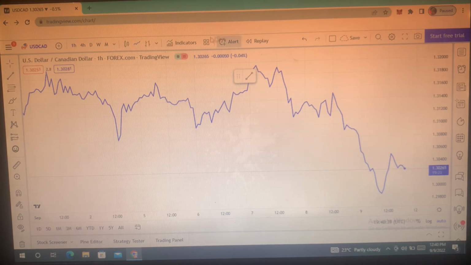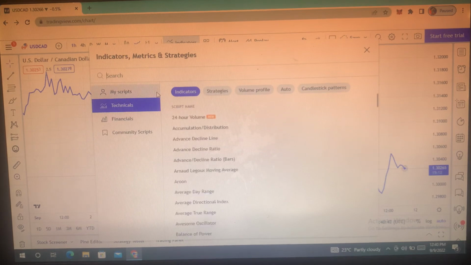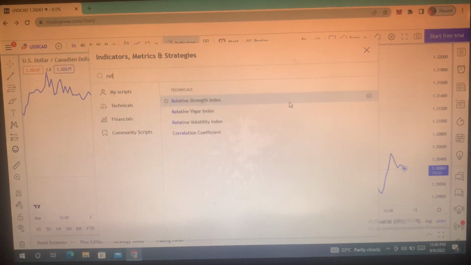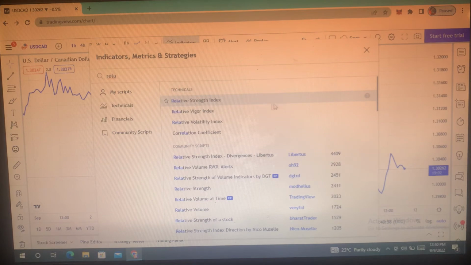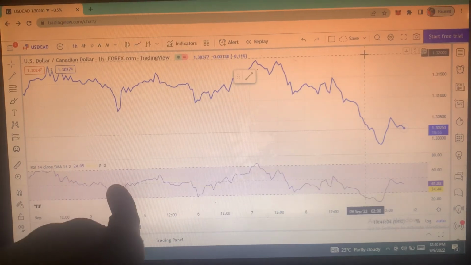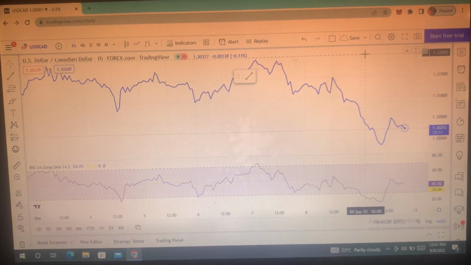Okay, we have different types of indicators too. There's a lot of indicators. I don't want to bore you guys a lot, but if you're going to have any indicators on your chart, which I don't think is really necessary, you should have the relative strength index, RSI. You see it come up? That's the RSI.